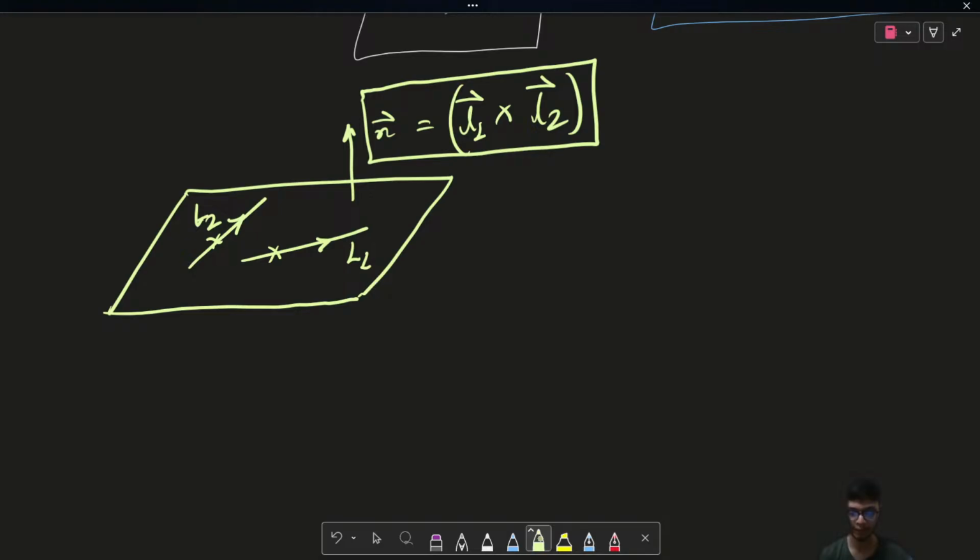So I can easily obtain my normal vector, right? If I have a question such that instead of giving you one line, there are two lines lying on the plane, then I can easily obtain the normal vector. And once I obtain the normal vector, I can consider any fixed point of line L1 or L2 to be a fixed point on the plane, and then I can formulate the equation of the plane, right? That is my main motto.